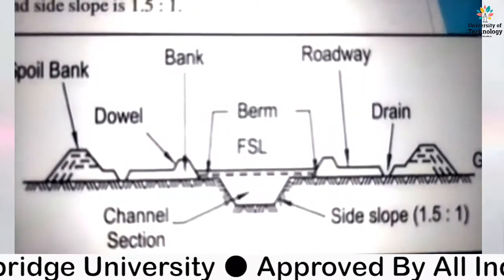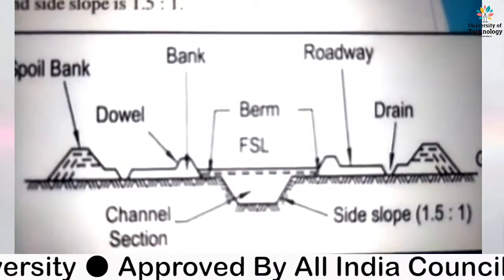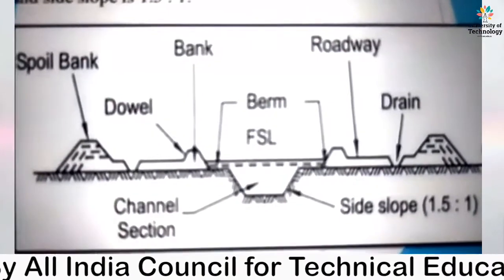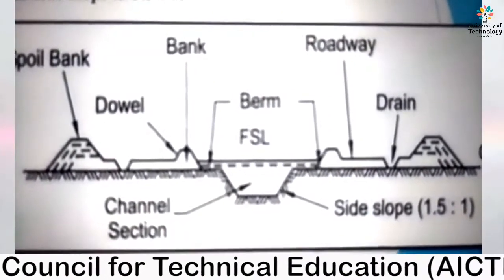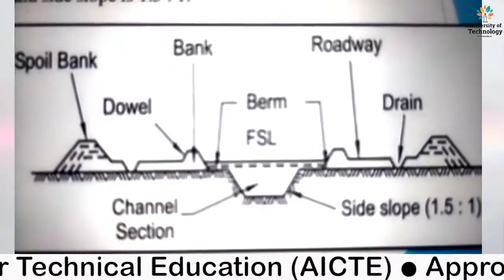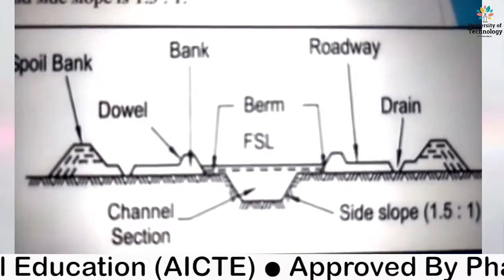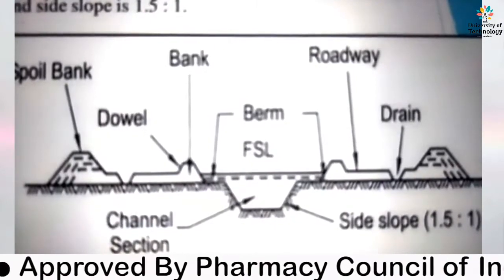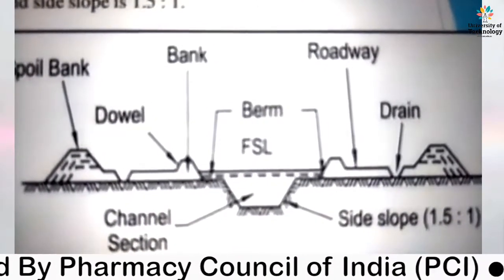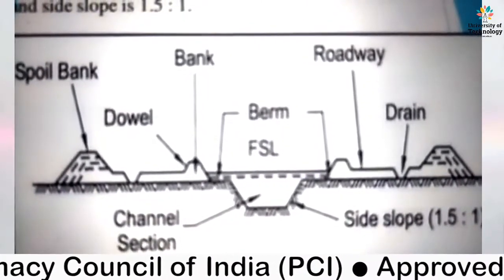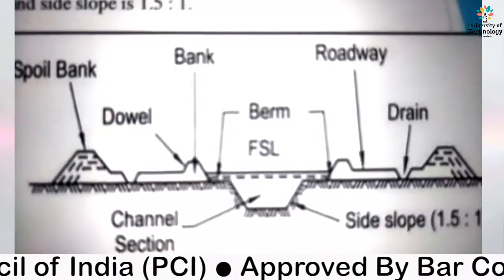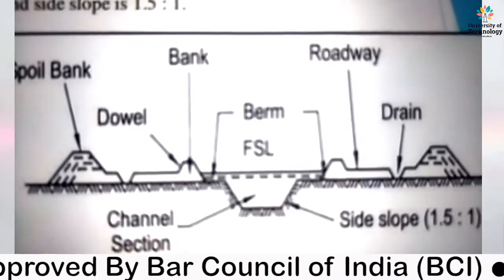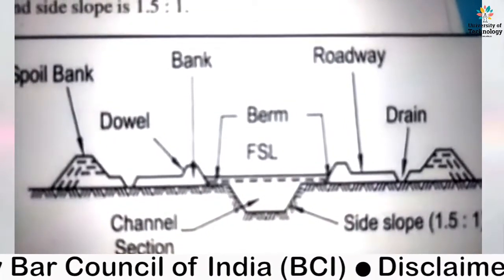In succession, we move towards dowel, also called dola. So what is dowel? If you see this picture, the dowel is a component of a canal bank, and it is provided after the berm.